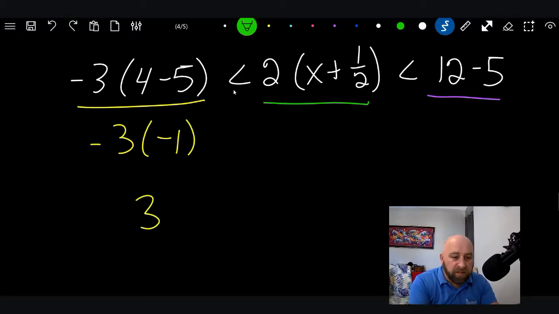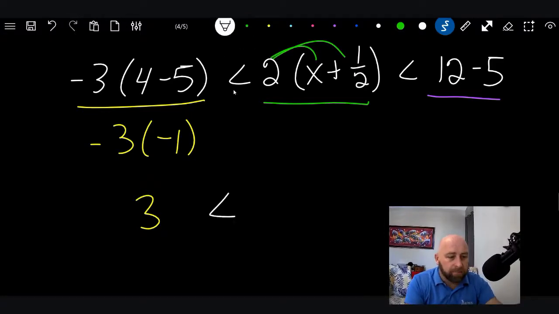Come over here to the second part. I'll do this one in green, and on this one, we do have to distribute. Okay, there's no other way to do it other than to distribute because we have this lovely little x in there that we have to deal with. Okay, so let's put our sign. I'll put the signs in white. So we're going to go less than, all right, and then we're going to come back here and we're going to distribute.